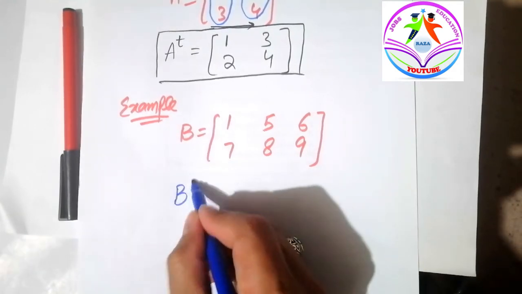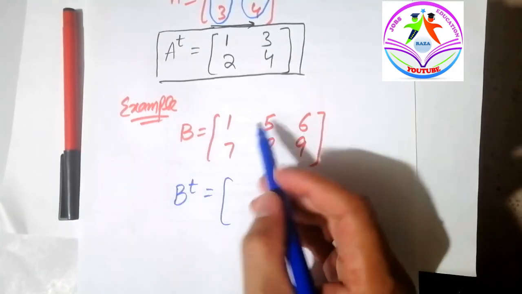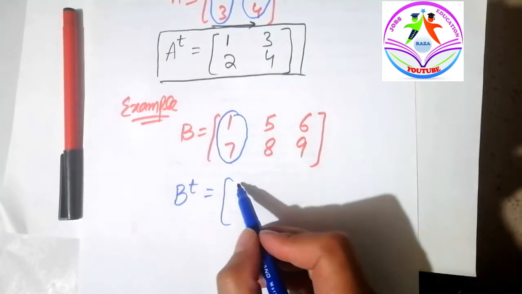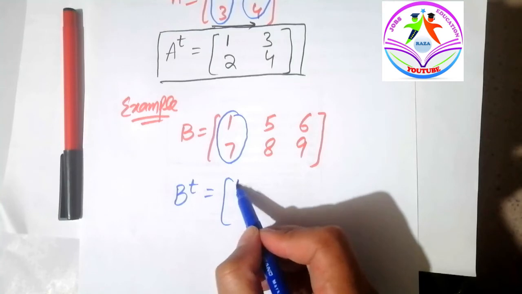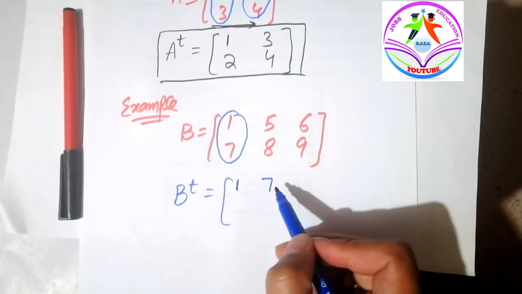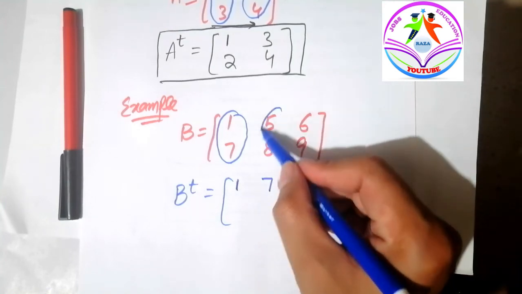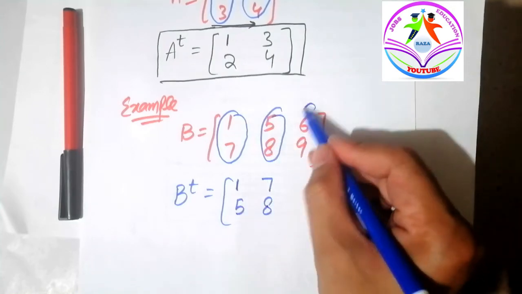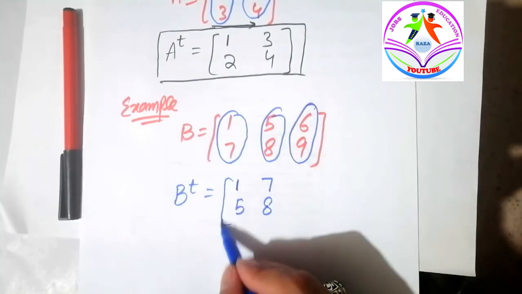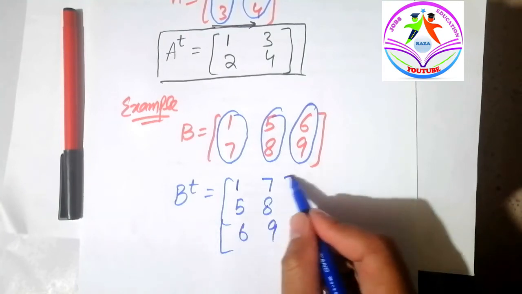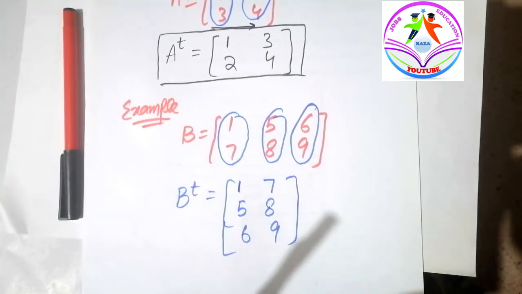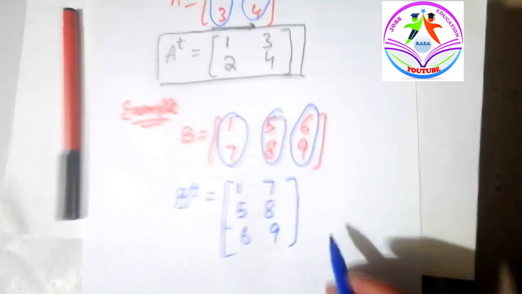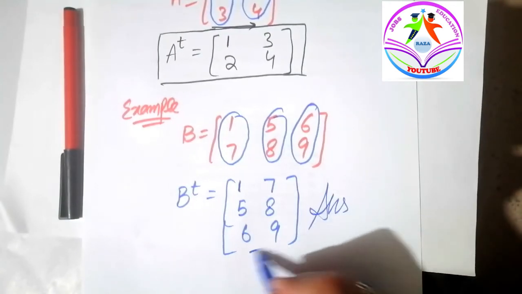B transpose is equal to, we can choose this column and put it on the rows, choose this column and put it on the rows, choose this column and put it on the rows. So we have interchanged the number of columns into rows and rows into columns. So this is the simple answer.